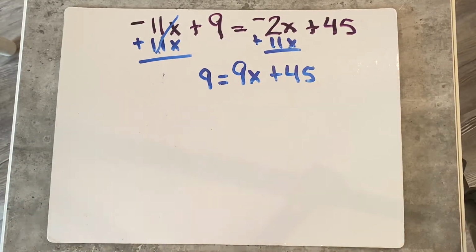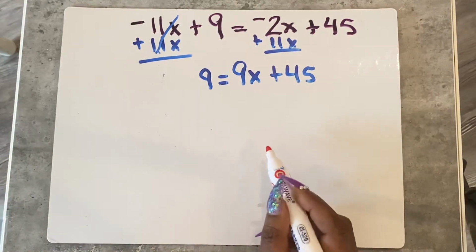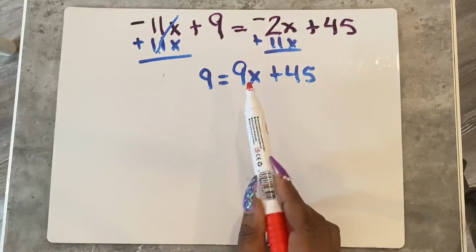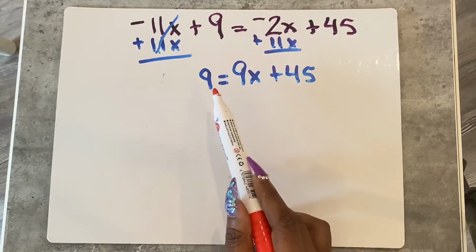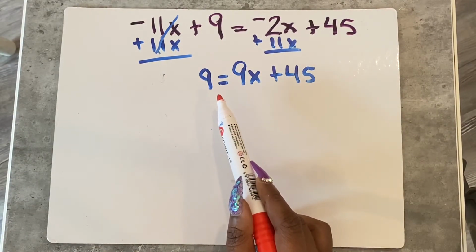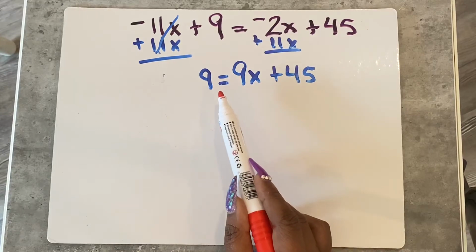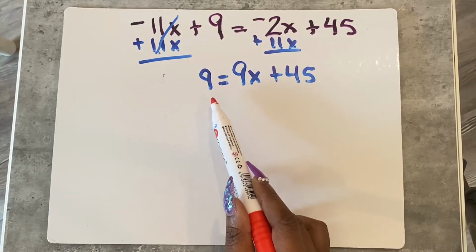So the next step that you have to do is collect your constants. So I'm going to collect my constants. What's my constant? Well, in order to keep the equation balanced, please, and I say this with the utmost respect, stop taking from the side that does not have the variable on it.